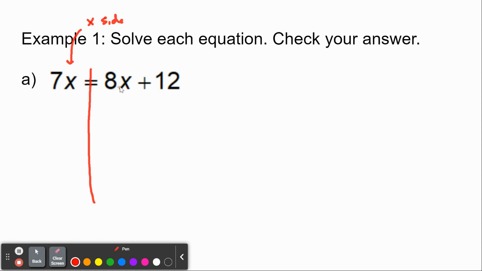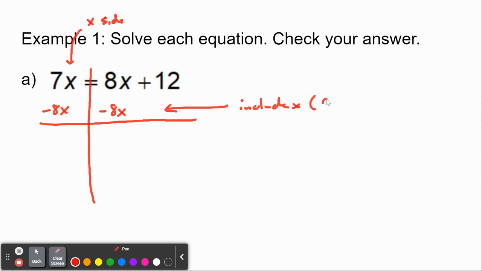So we need to move the 8x over there, and in order to do that, we're going to subtract 8x. It's positive, so we subtract it. Notice that the x comes with it. I'm going to put a little note there: include the x. It's because we're combining like terms across the equal sign, and unless that 8 has an x with it, it cannot combine with the 7.